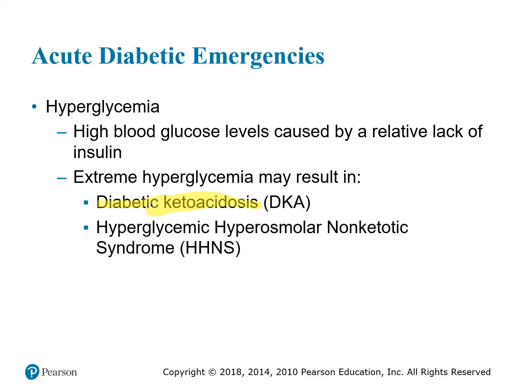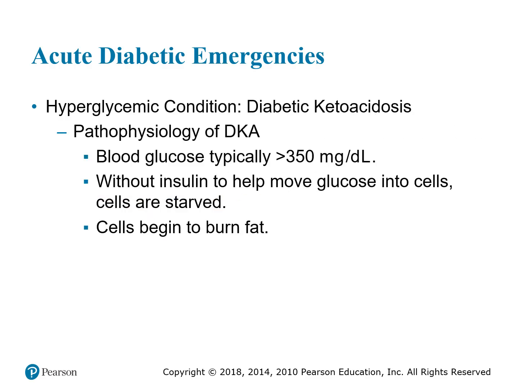In the process of breaking down those fat stores, it is creating what we call ketone bodies. These ketone bodies are acidic in nature and damaging in large amounts. So we typically say that a patient is in DKA when their blood sugar is above 350. Without insulin, again, they can't move glucose into the cells, so they starve, and now they are burning that fat, producing those ketone bodies.